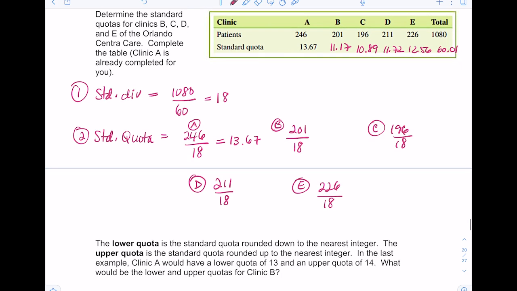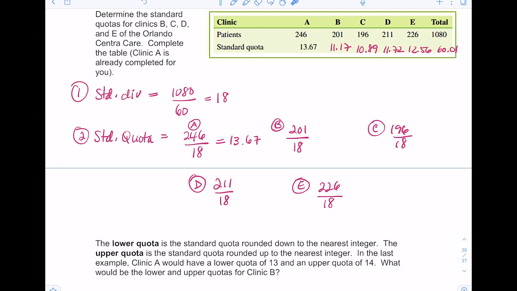So in order to use one of the methods, we need to look at what's called the lower quota and the upper quota. The lower quota is the standard quota rounded down to the nearest integer. For Clinic A, my standard quota was 13.67, so its lower quota would be 13. The upper quota is the standard quota rounded up to the nearest integer, so 14.